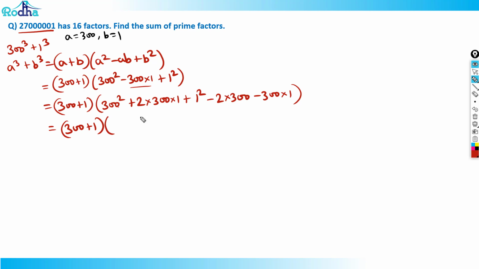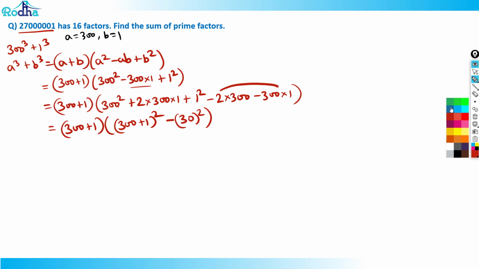This becomes 300 plus 1 whole square, and this is minus 900. Minus 900 means what? 30 square. Okay, fine. So this is actually 301.